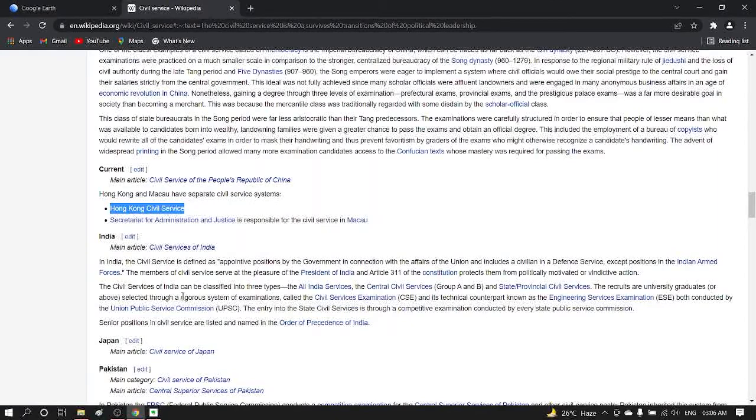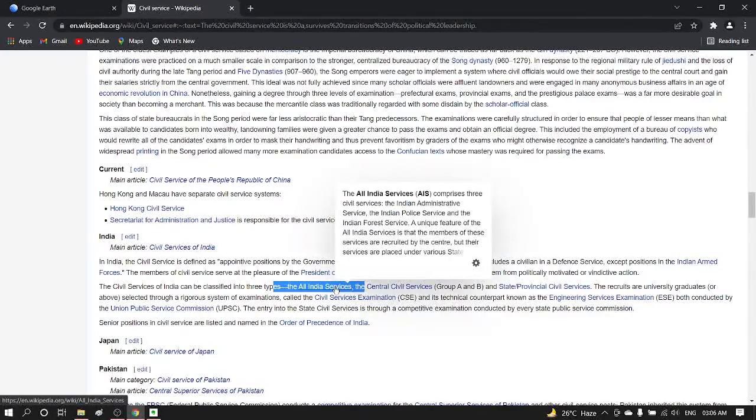The civil services of India can be classified into three types. Remember these distinctions when it comes to the civil service in India. The apex civil service, the All India service, obviously. Okay, the IAS, IPS, Indian Administrative Service, Indian Police Service, Indian Forest Service, and two technical services can be included in the All India services with cadre facility as well.